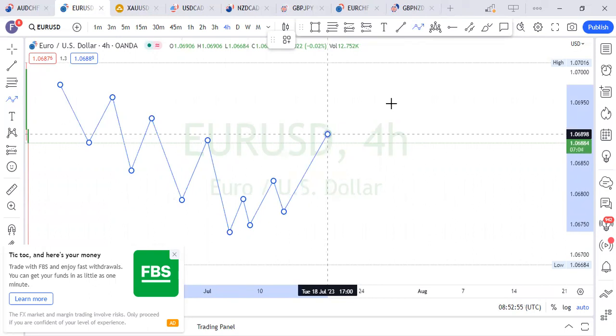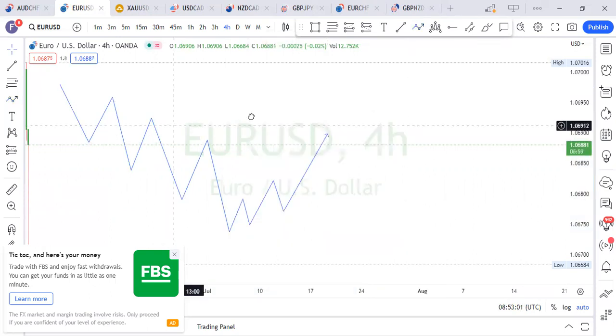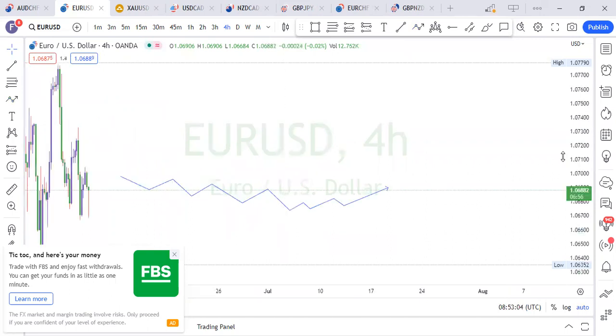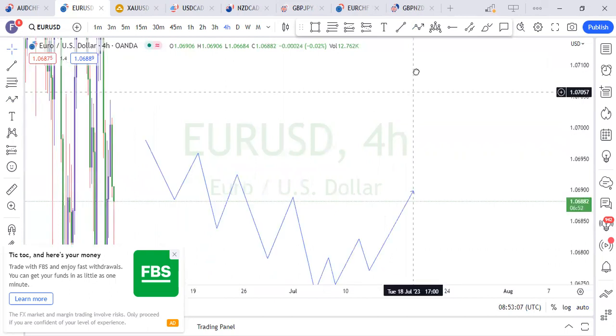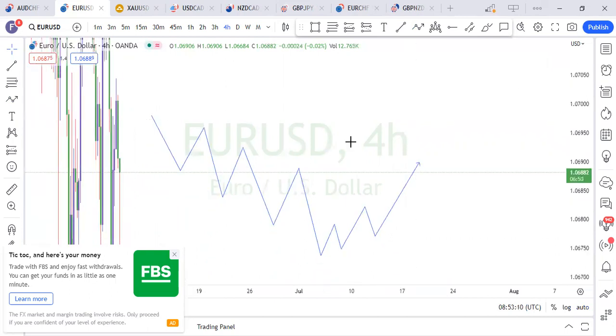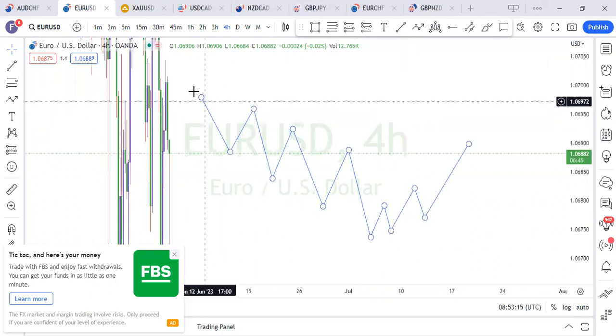Now looking at this chart, going through what we did earlier on the uptrend, it is just the same thing, but this one is the inverse of what we did earlier. We have here our highest point on this price range.